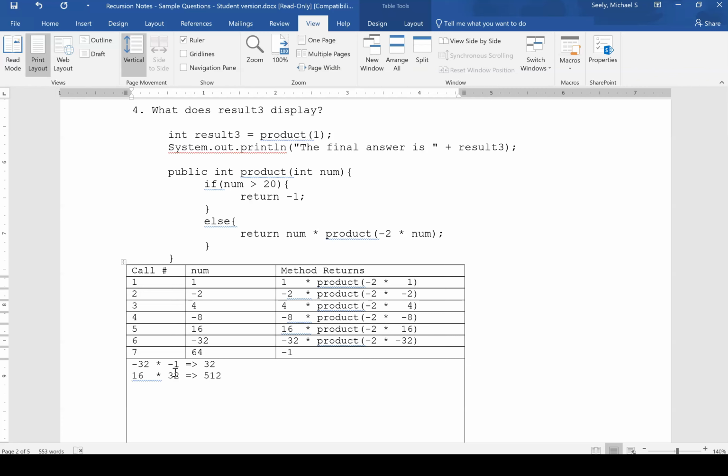Then we got -8 times what, 512? And that is, now you might want to check my math on these. I wrote these all down, but hopefully it's right. It equals -4096. So then we go back up, we got 4 times negative 4096.